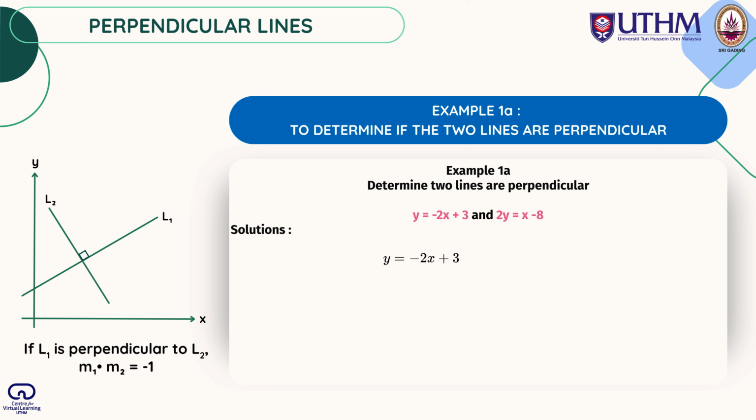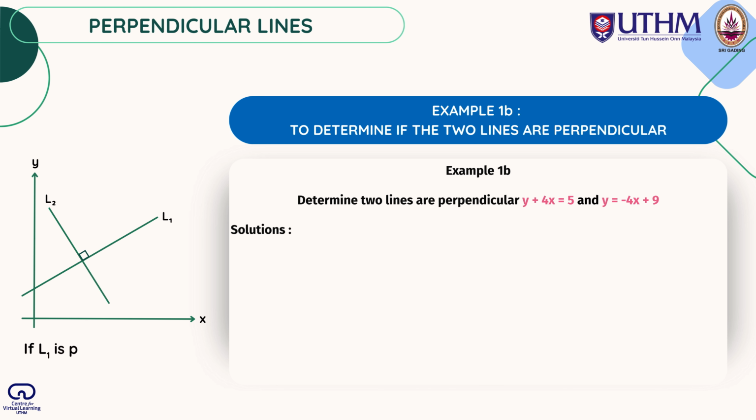First, we make the second line in gradient form, y equals 1 over 2 x minus 4. So, m1 equals -2 and m2 equals 1 over 2. Then, we multiply m1 and m2, and this gives us -1. Since the product is -1, this proves that the lines are perpendicular.